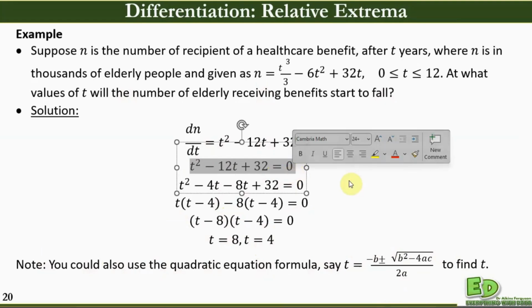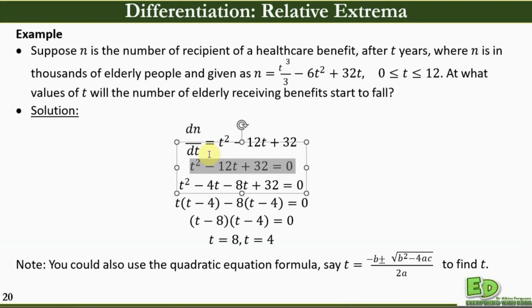So your a is 1, the coefficient of t squared. b is negative 12, the coefficient of minus 12t. And then c is the constant 32. That should give you the same values, 8 and 4. So the values of t where the number of elderly receiving benefits will start to fall are 8 and 4.